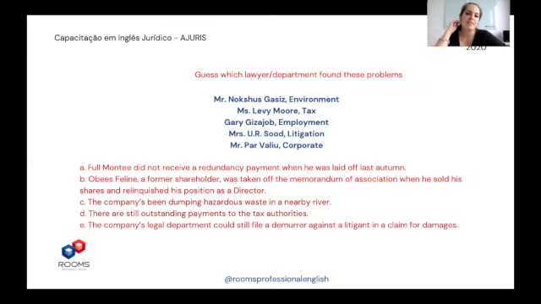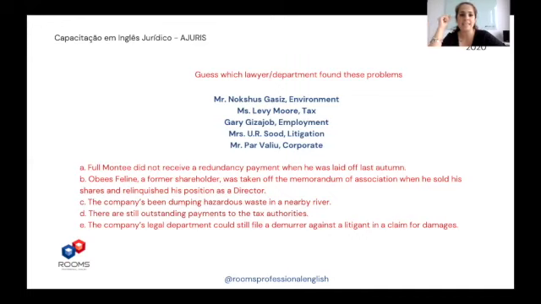Letter C says that the company has been dumping hazardous waste in a nearby river. Well, hazardous waste, probably it's the environment department who found these problems.